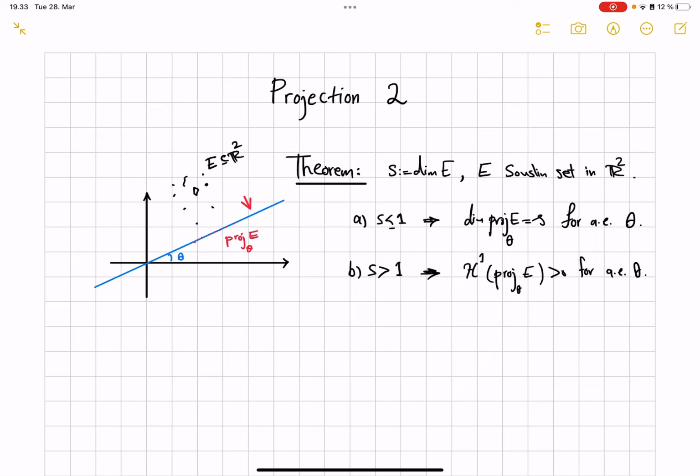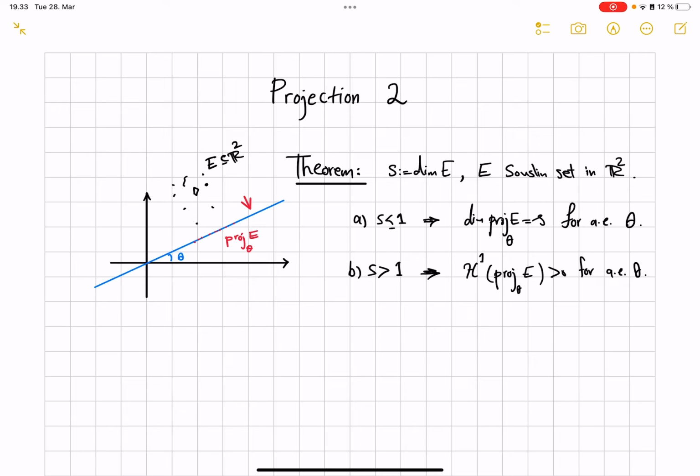The projection theorems concern the question of how the dimension of a set changes when we project it onto affine subspaces of the Euclidean space. The simplest case, and the easiest to draw, is when we have a subset E of the plane, and then we fix an angle and project the set onto that line.